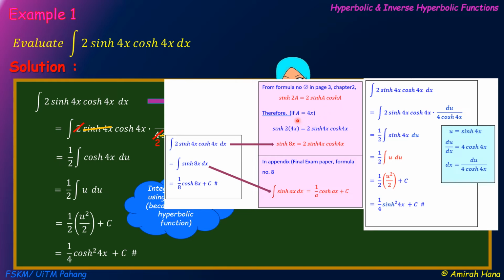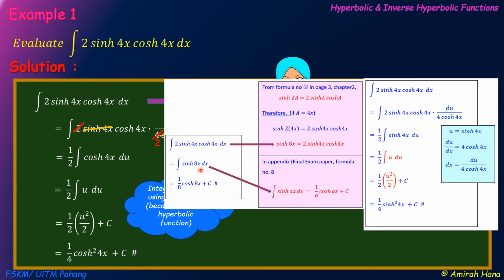If we replace a with 4x here, we can write sin 8x equals 2 sin 4x cos 4x. So now, if we have integration of 2 sin 4x cos 4x dx, we can replace it by sin 8x.